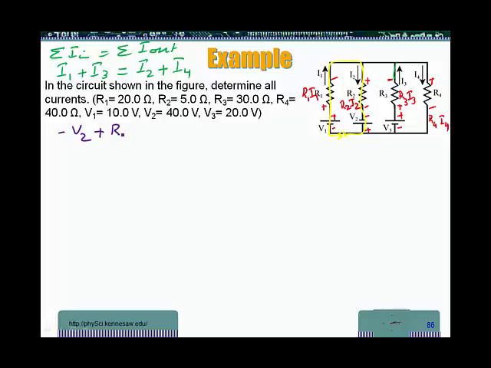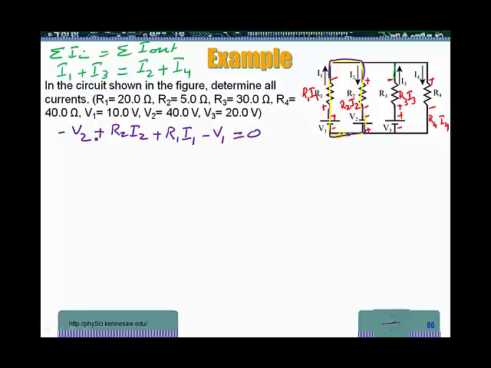That's going to be R2I2. So we did V2 and then R2, and then I meet the minus of R1. So I'm going to have another increase in voltage, R1I1. And then I meet the plus of V1, so it's a drop in voltage that's equal to V1, so it's minus V1. And then I'm back where I started, so that's equal to 0.